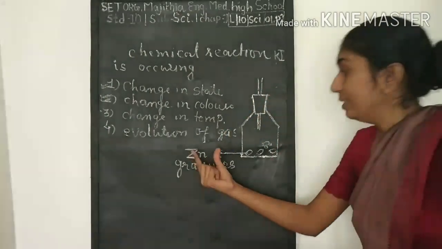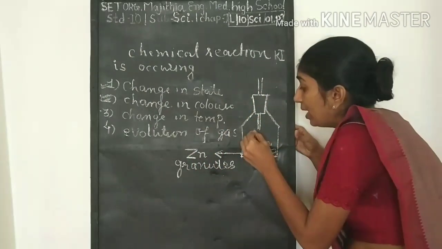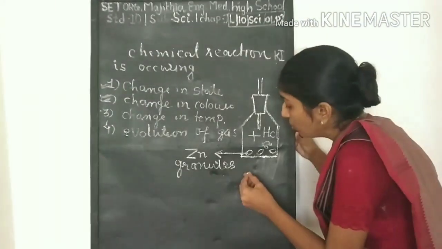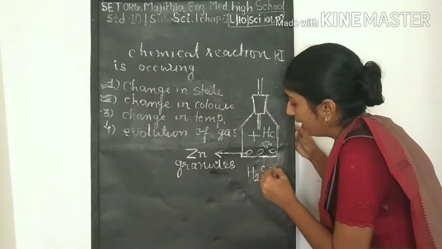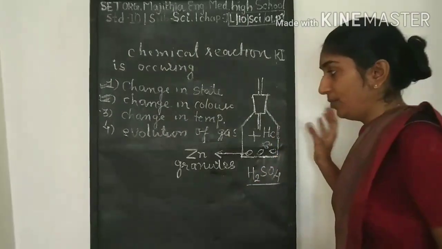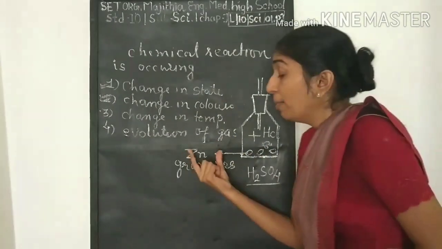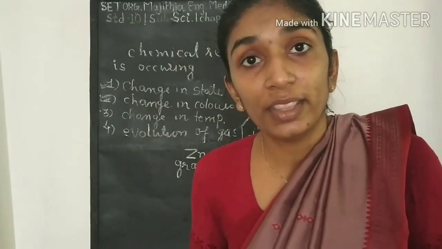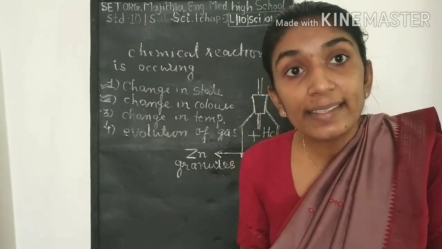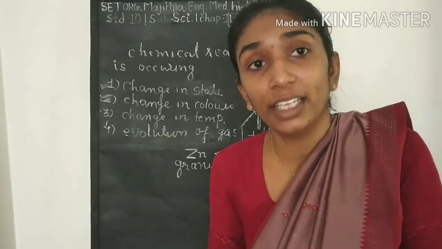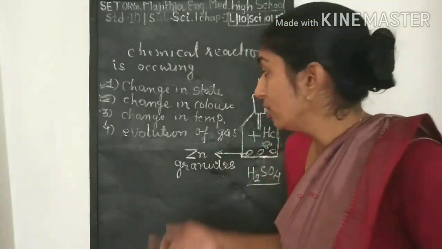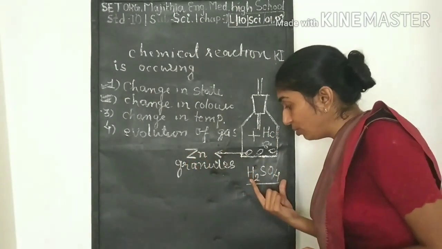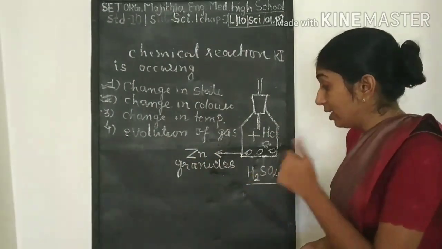Zinc granules, plus you are supposed to add hydrochloric acid, or you may add H2SO4, that is sulfuric acid. All metals react with acids in the same manner. So you will have zinc granules with hydrochloric acid, or zinc granules with sulfuric acid.